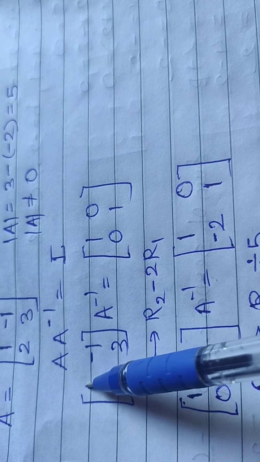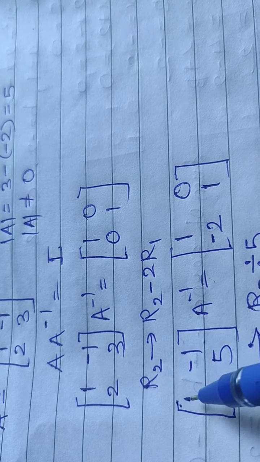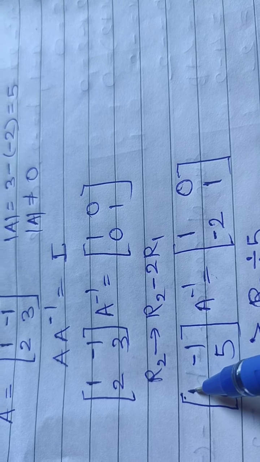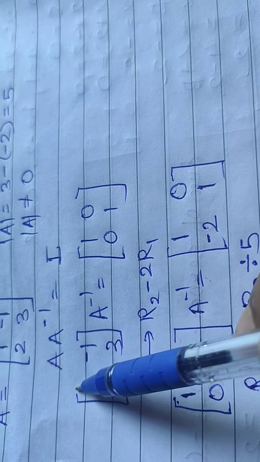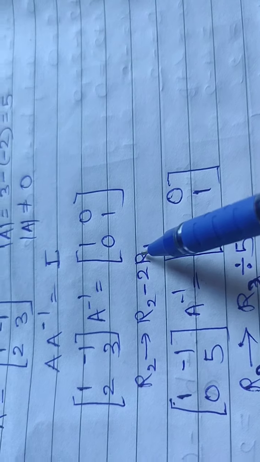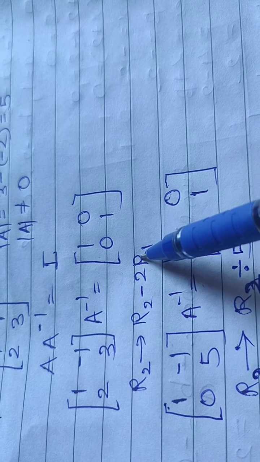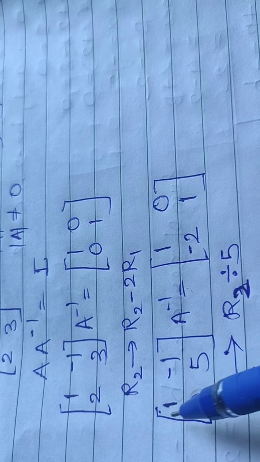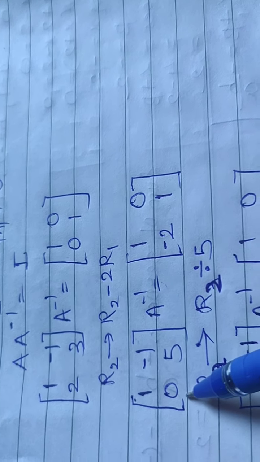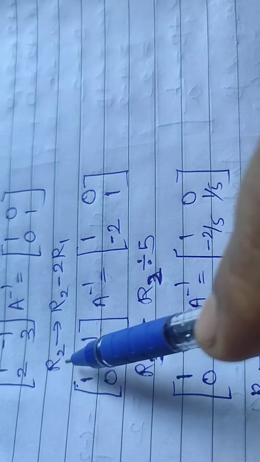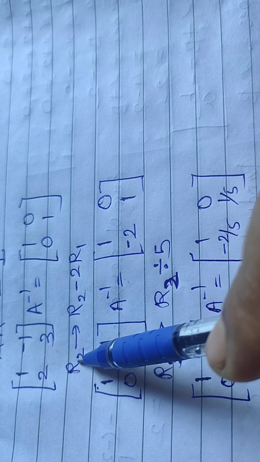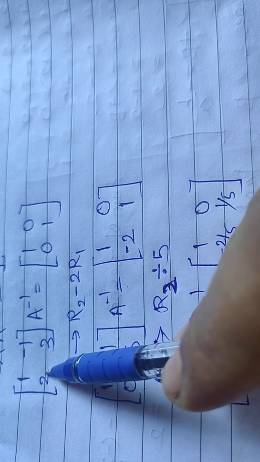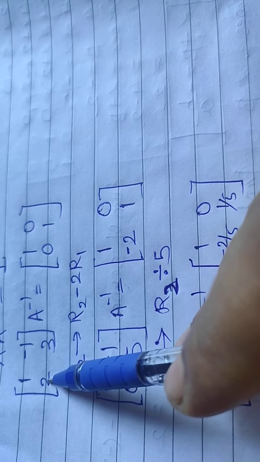Here there is 1, and we want 1, it is there, so we will change the other element. When we use row transformation, we have to convert the matrix column-wise into the identity matrix. So first, this is 2 and we want 0 here, in place of 2 we need 0.